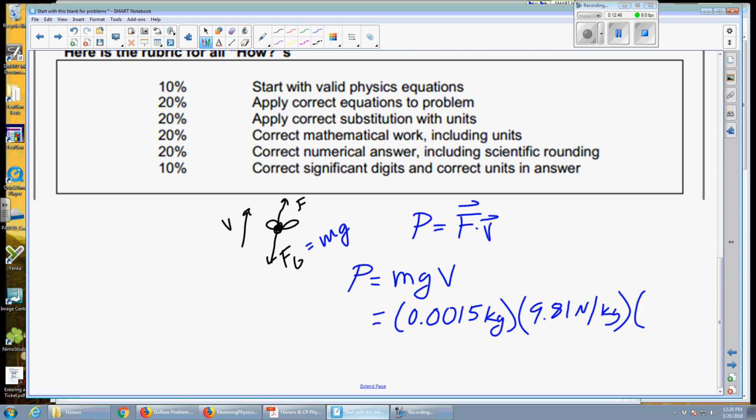Should I use it in centimeters a second? No, what should I have it in? Meters. So that would be 0.02 meters per second. And that will all come out to some answer in watts, because kilograms times newtons per kilogram is newtons. Newton meters is a joule. Joules per second is a watt.